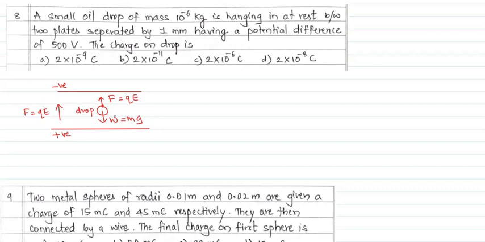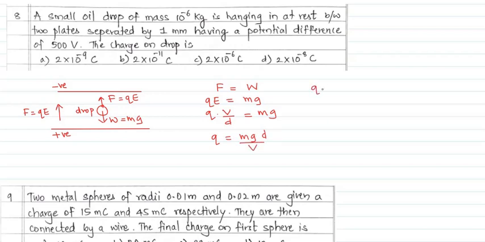You are required to find the charge. So if we equate these two, that is F is equal to W, or QE is equal to mg. E here is not given, but we know the relation between E and V. So I will write QE as V by D is equal to mg. So Q is equal to mg into D by V.